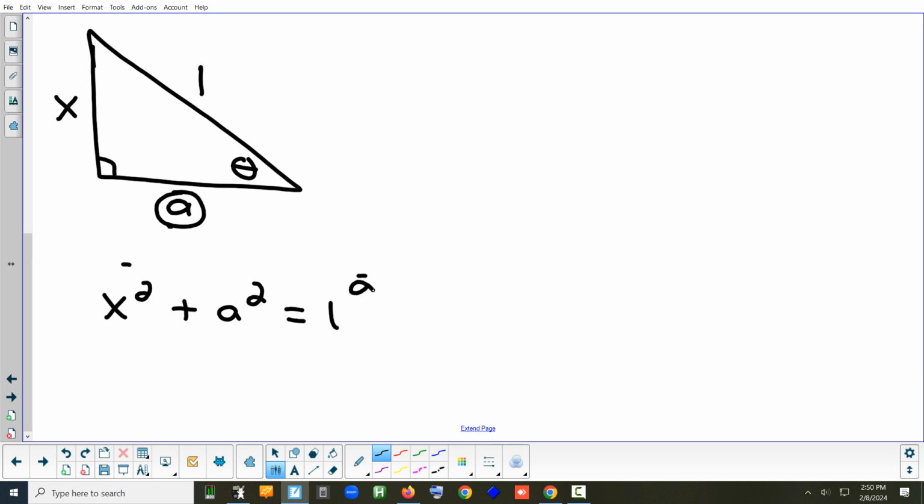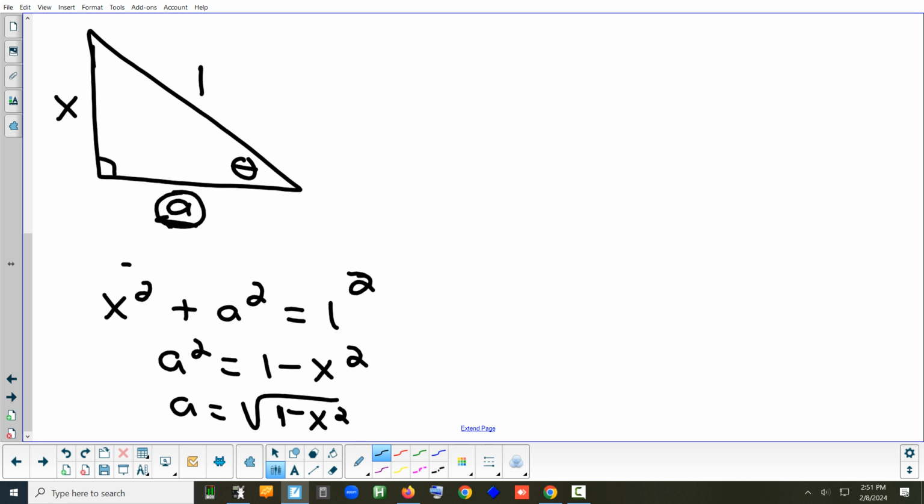When we solve for a, my first step is to subtract x squared from both sides, and my last step is to take the square root of both sides. Now I don't have to use a anymore. I have a formula: the square root of 1 minus x squared.